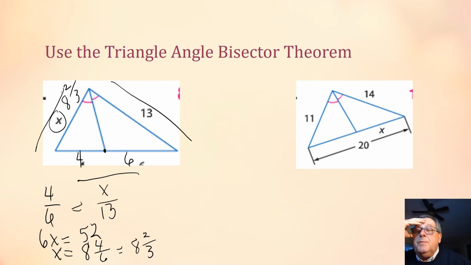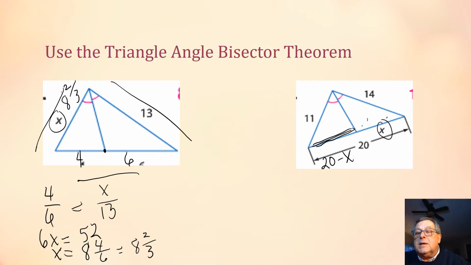All right, now this one on the right is a little more interesting, in that we're given a measure here of x, but we're given the total length of that base. Since this portion right in here is x, this is going to be 20 minus x. If the first little portion is x, then the second portion has to be 20 minus x. So we've got proportionality here.